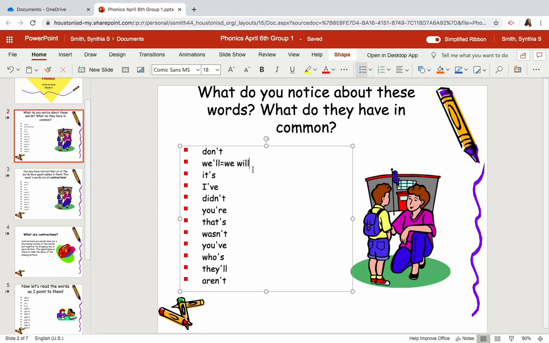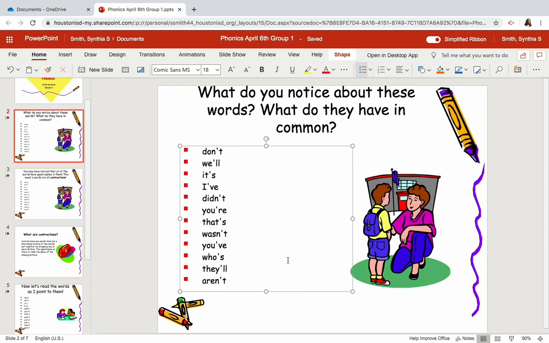What letter or letters did we take away? Okay? In this case, we took away the W and the I. And instead of the W and the I being there, we replaced it with what? The apostrophe.